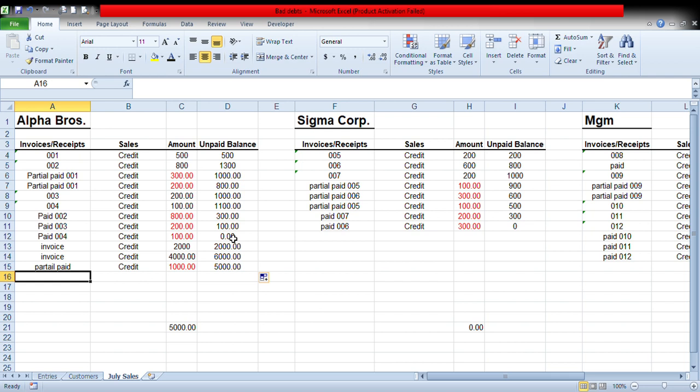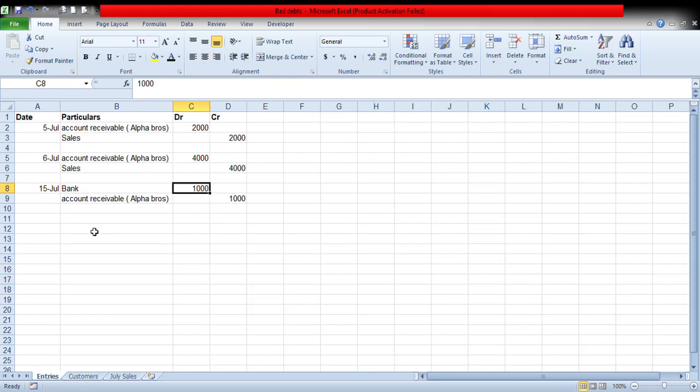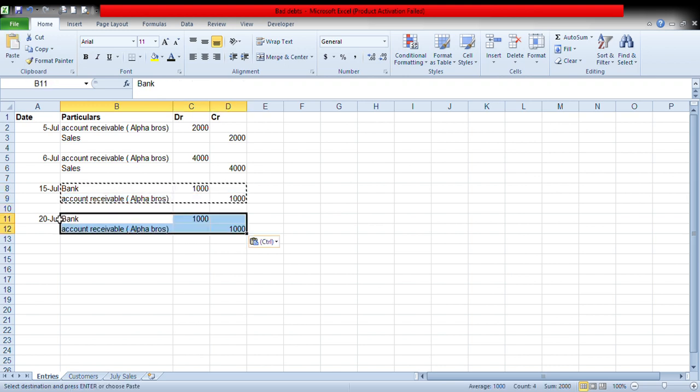Again, he paid me partially. The partial payment is again minus 1000, because 1000 is remaining of that one. So let me create the entry on, for example, 20th of July. He paid me the same partial payment of 1000.